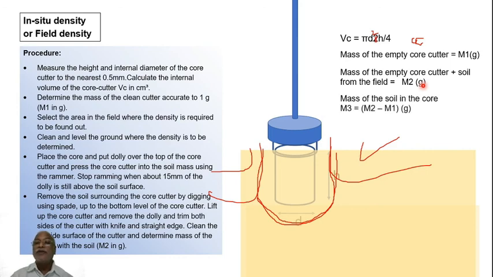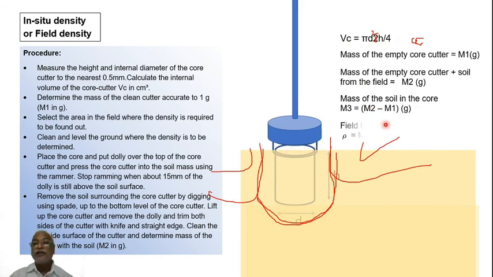And then if you take the difference M2 minus M1, we get only the mass of the soil. So the mass of the soil inside the core will be M3, which is equal to M2 minus M1, so many grams. Now you know the mass of the soil inside that core. We know the volume of the core also, assuming that we have not disturbed the soil.